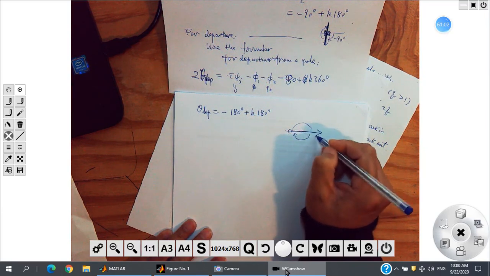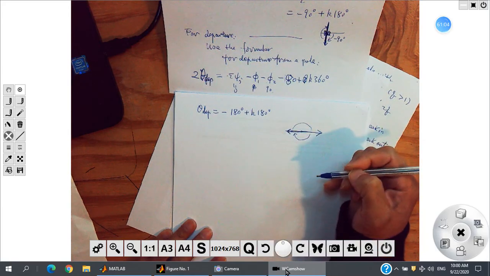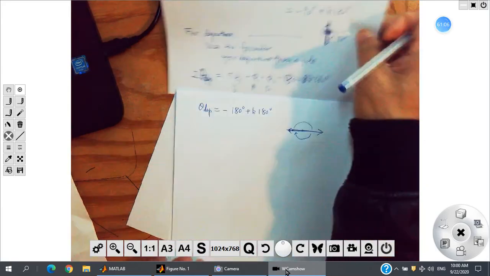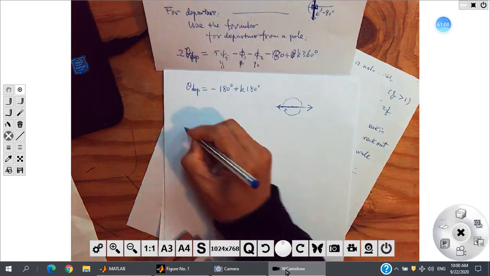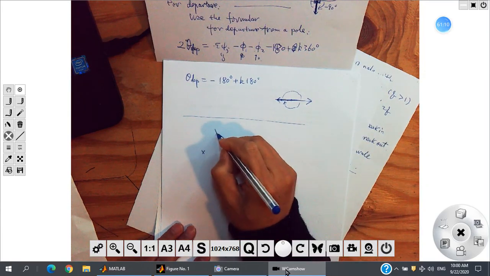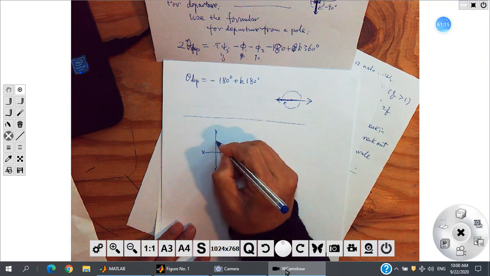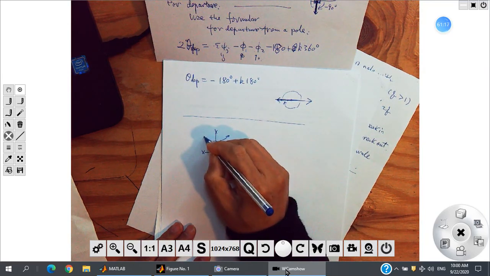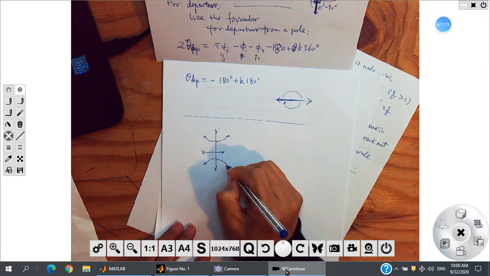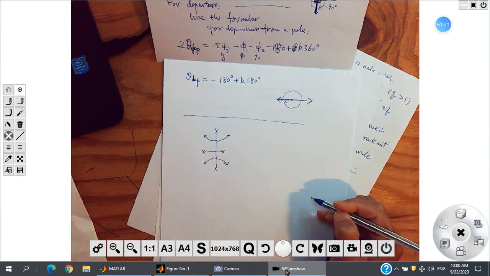We have two directions, and now we know overall we have cross here, cross here, cross here, cross here. Then the locus looks like separate branches like this. Now we have this one, right?